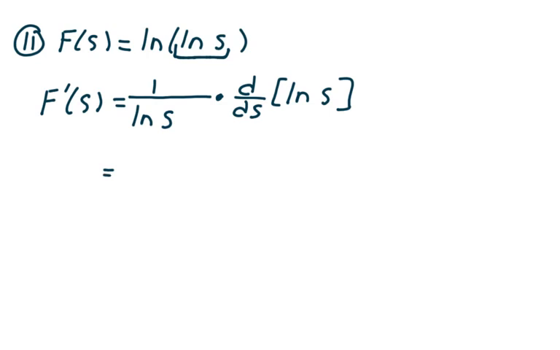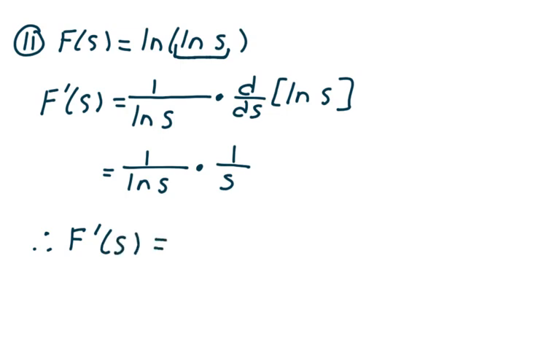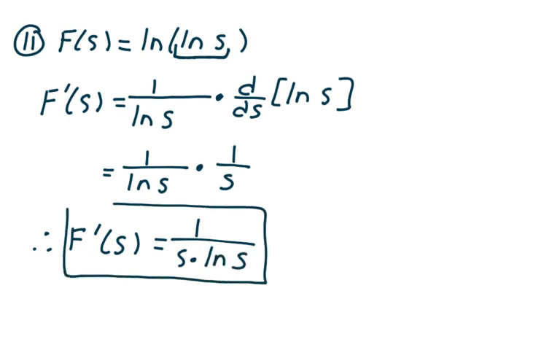And so this is 1 over ln of s times 1 over s. Therefore, f prime of s is 1 over s times the natural log of s. That's number 11.